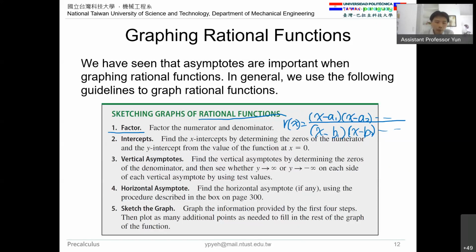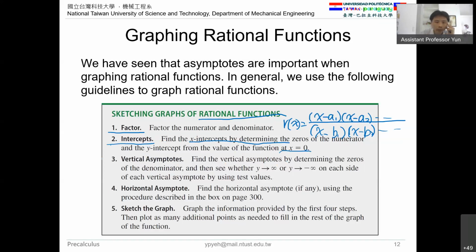And then the second step is to find the intercepts. As with the graph of other functions, when we find the x-intercept, we let y equal zero, and when we find the y-intercept, we let x equal 0, right?